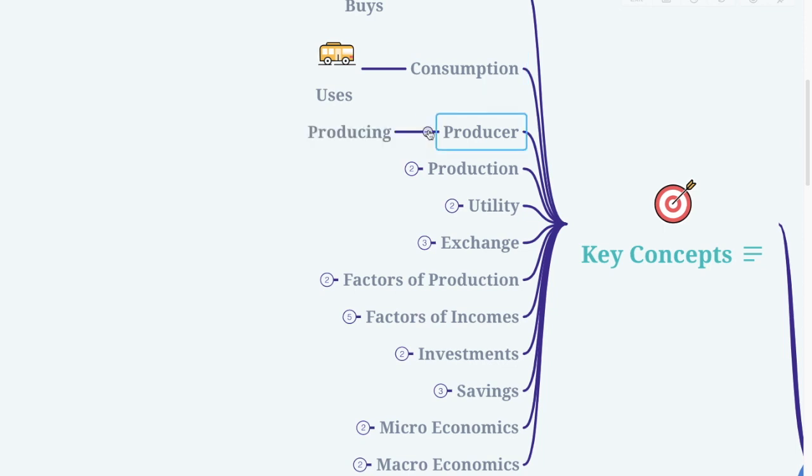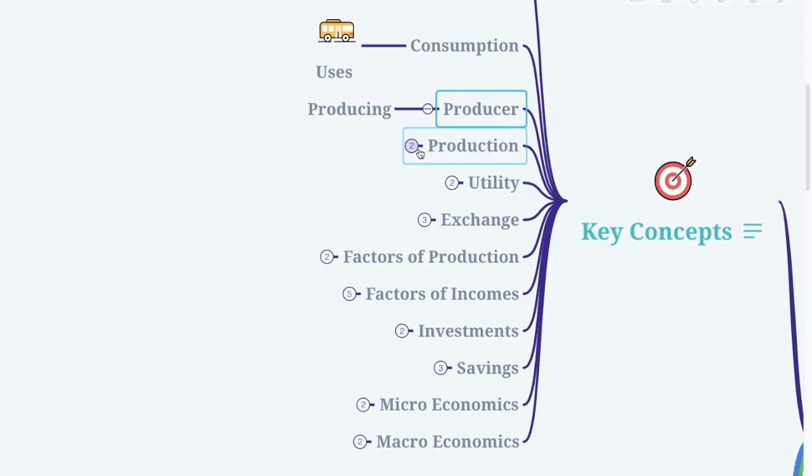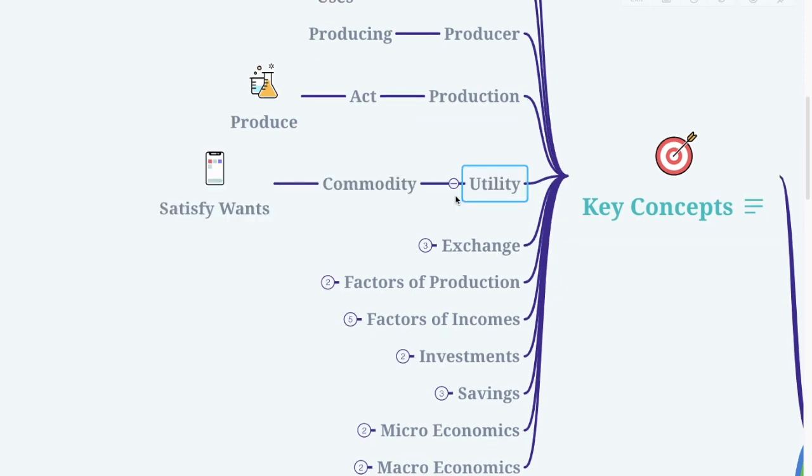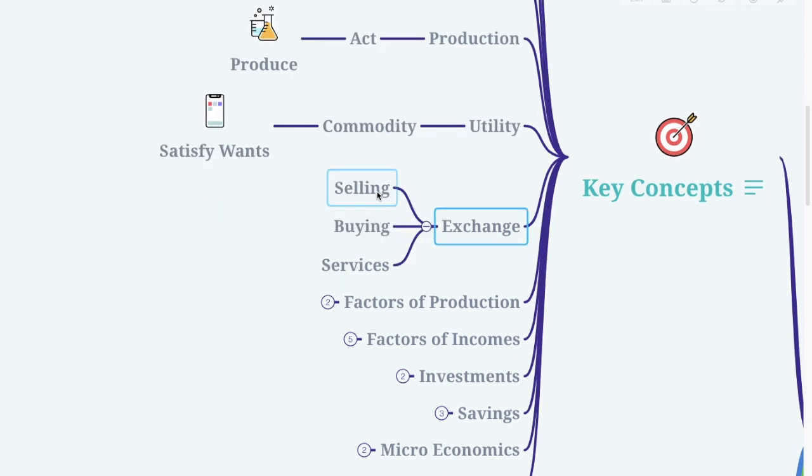Who is a producer? An individual who is involved with the activity of producing goods. Production, it's an act of a producer to produce various goods and services. Utility, the capacity of a commodity to satisfy human wants. Exchange, the act of selling and buying goods and services.